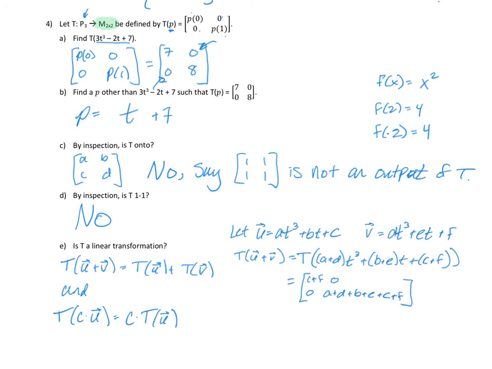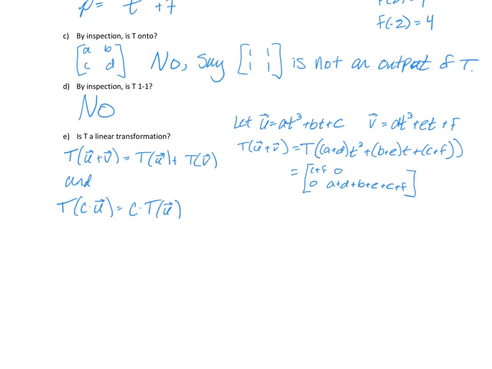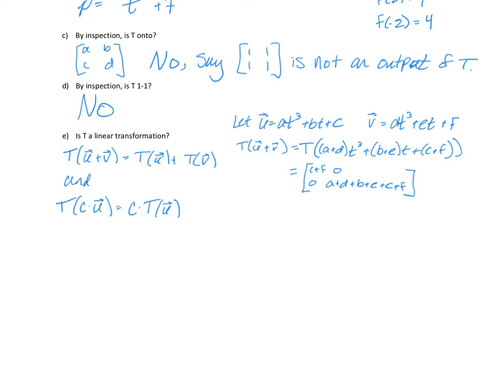Now I have to do T of U and T of V separately and see if I get the same thing. So T of U: I'm plugging this polynomial into the formula for T, which is the matrix formula. Put in the zeros. P of 0 would be c, and P of 1 would be a plus b plus c.